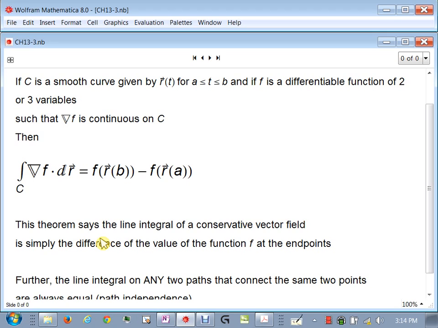If that capital F came from the gradient of some little f, then it's called conservative. In this formula, this right here is the gradient of a scalar, so obviously that vector field has to be conservative. So if you take a conservative vector field and want to find the line integral, all you have to do is evaluate the two endpoints.